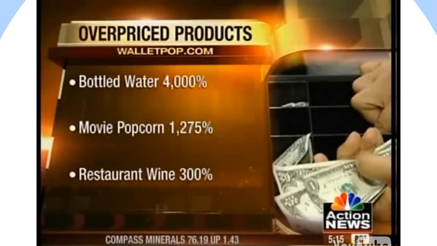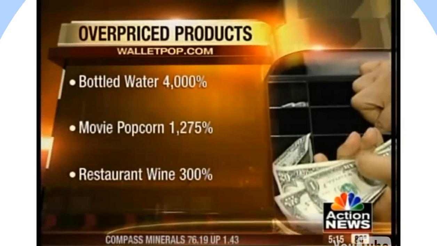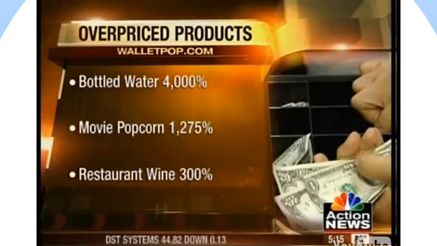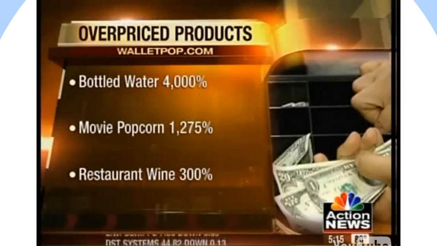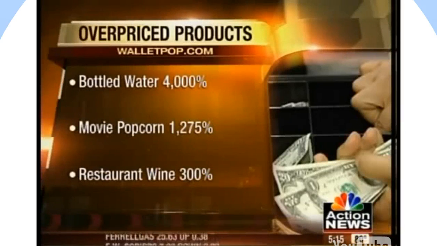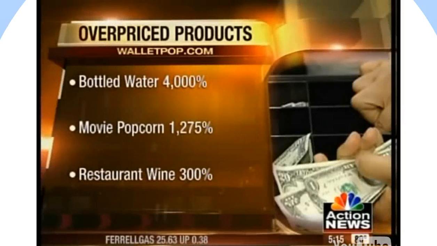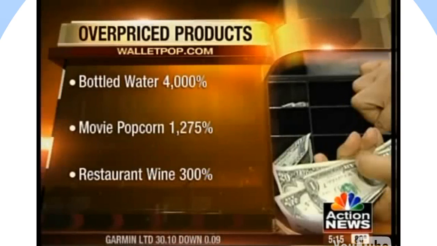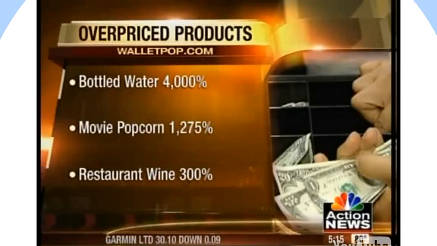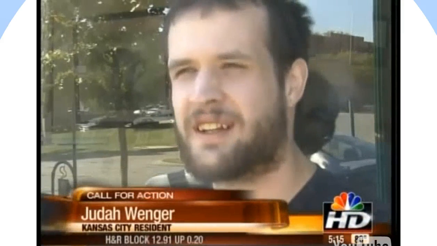Other products with a pricey markup, according to WalletPop: bottled water, a 4,000% markup. Movie theater popcorn, 1,275% higher compared to that bag of microwavable popcorn. And wine at a restaurant, average markup, 300%. Need a caffeine fix? I drink coffee probably 2 or 3 days a week, usually with a friend, using it for social things.